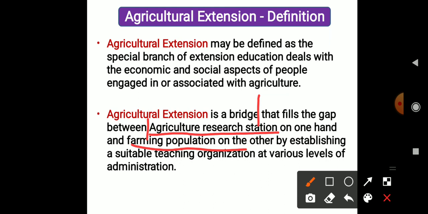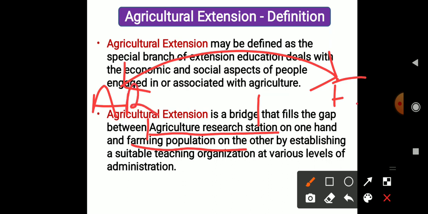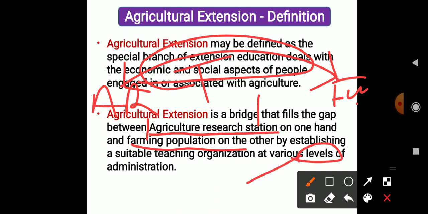That means it tries to bridge the gap between the agriculture research station and the farmer. How can this gap be filled? By establishing a suitable teaching organization at various levels. Various levels means village level, taluka level, district level, state level.